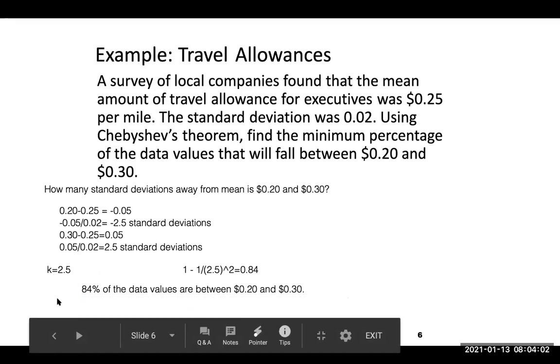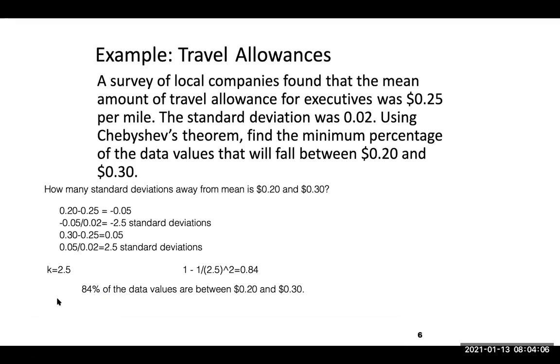So that is Chebyshev's theorem. So Chebyshev just explores the relationship between number of standard deviations and percentage of data that'll fall so many standard deviations away, K number of standard deviations away.